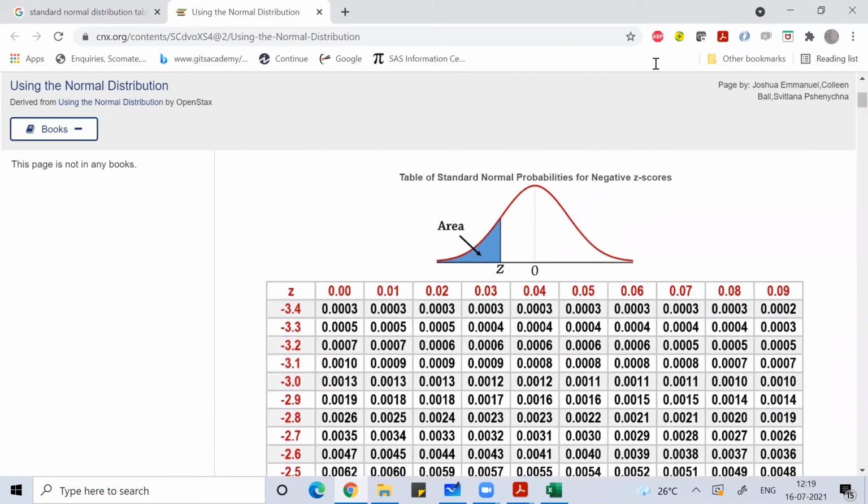On the left-hand side is the table for negative Z values.